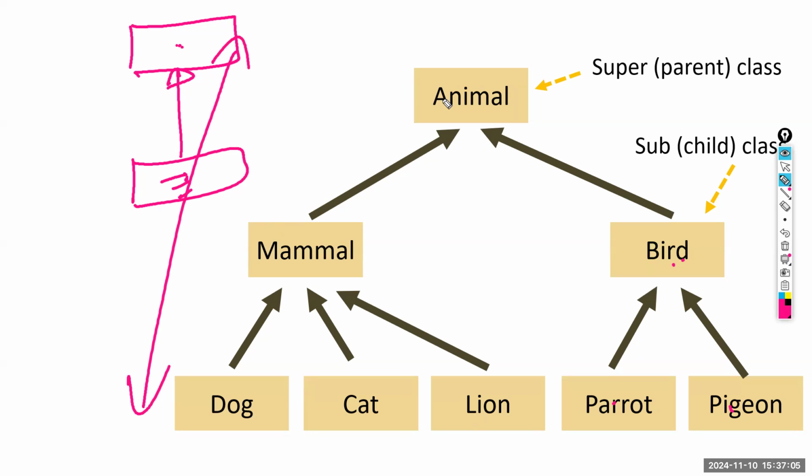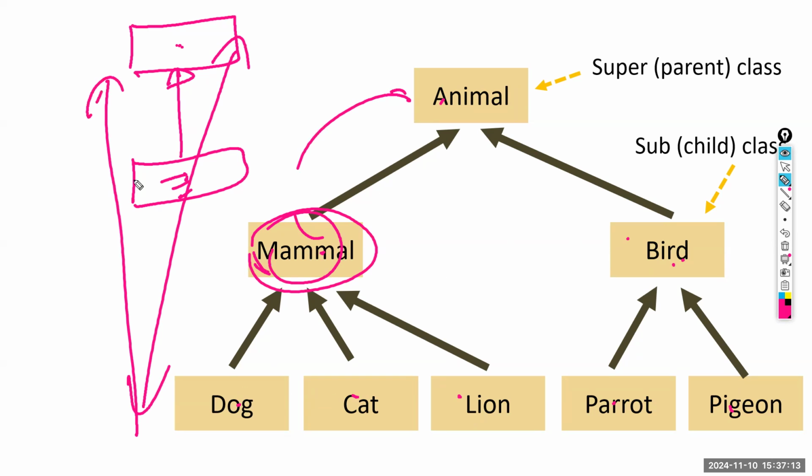Okay. General case, special case. And these are even special cases of this general case. So when you go up, you are getting more and more general cases. When you go down, you make it more and more special. Then dog, another special case.